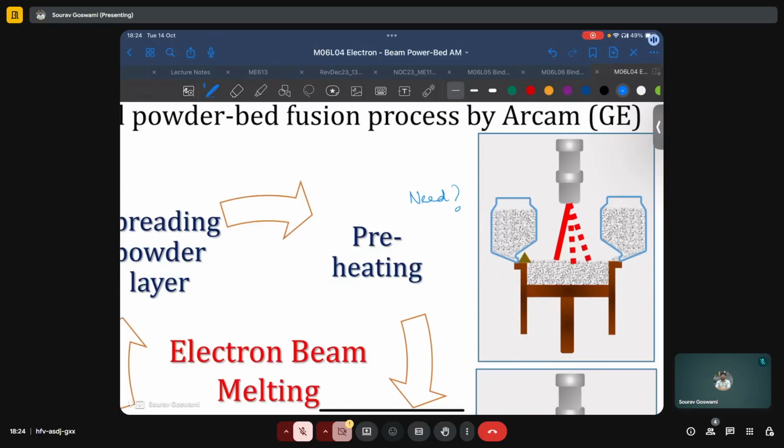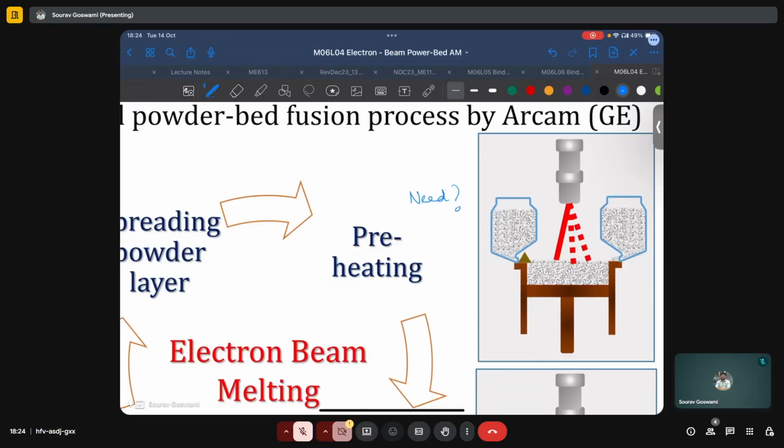So across a thickness of 40 or 50 micrometers, we have on one end the superheat temperature of the liquid metal, and on the other end the ambient temperature. So a very large temperature gradient exists across this small region. If printing occurs under these conditions, it can lead to very severe residual stresses, which will then lead to cracks and delamination of parts.